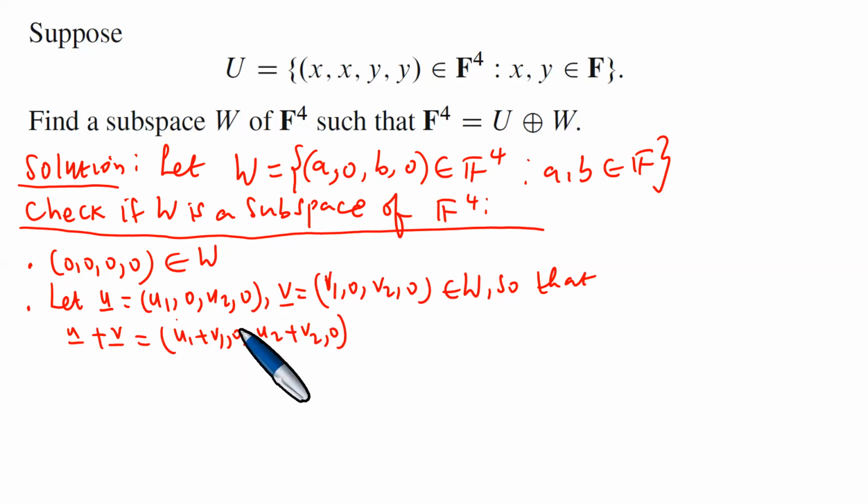You can see that the sum of u and v has the second and the fourth components as 0. So we continue. Okay, so it's closed under addition.